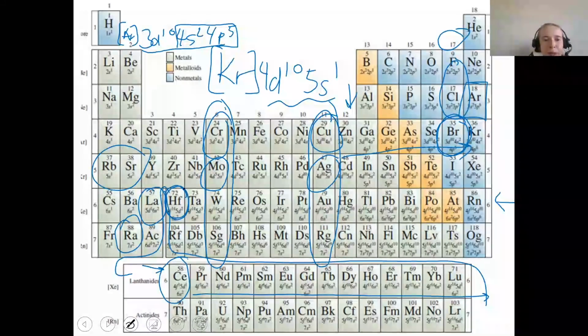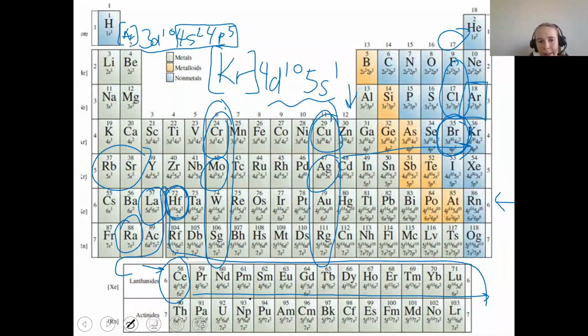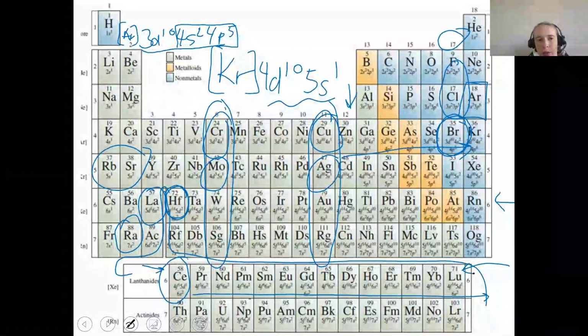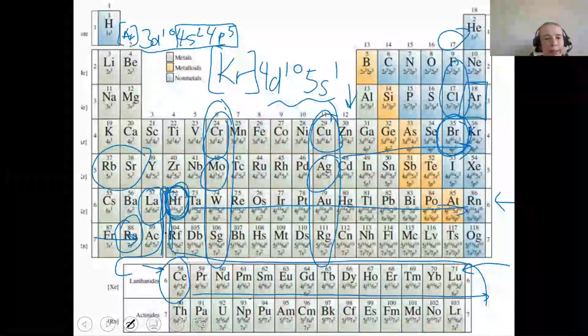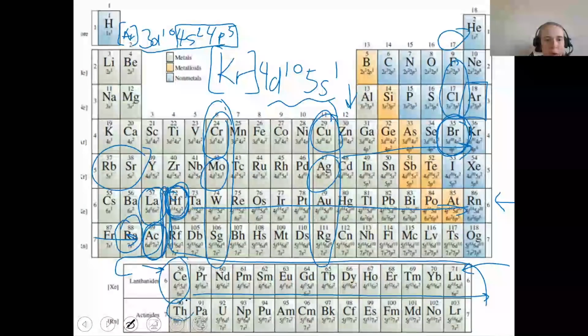So lanthanum, cerium, lanthanides, and then we get to this one, lutetium. And then we jump back in here to hafnium, go across, and then we're down to radium and actinium, which is where we start our actinides with thorium.